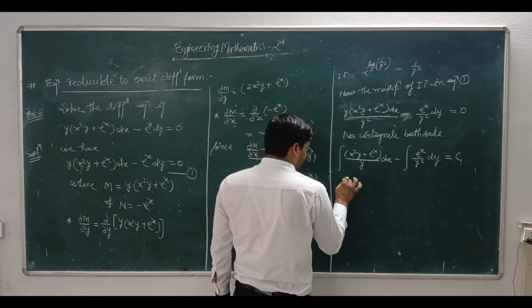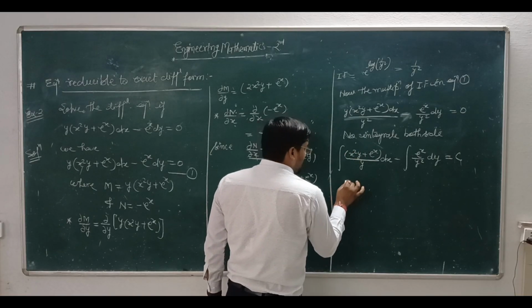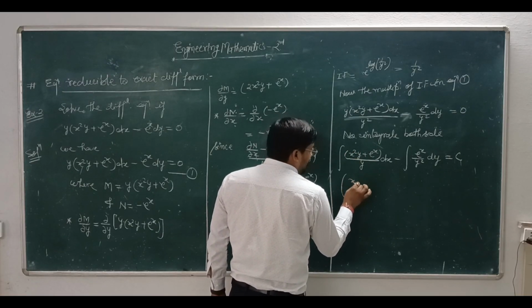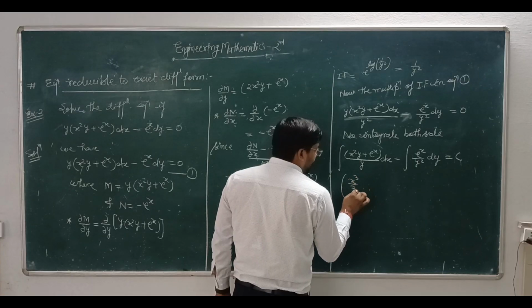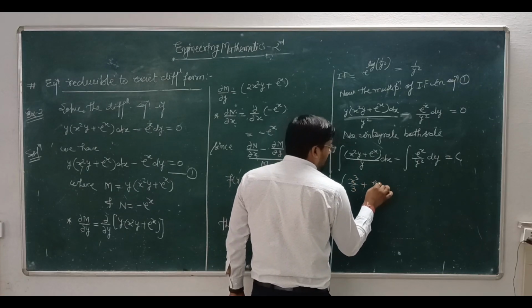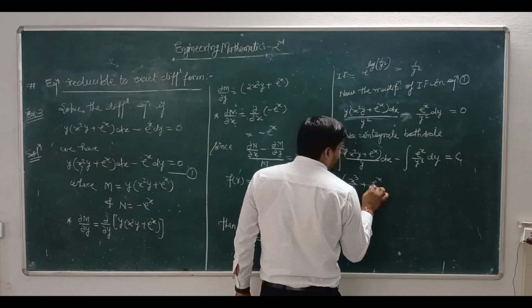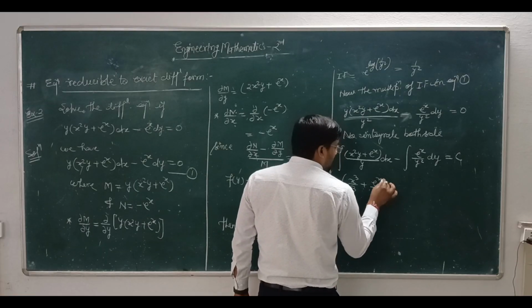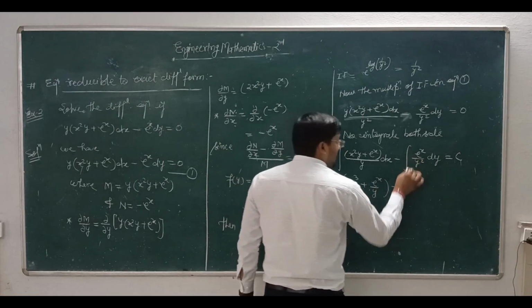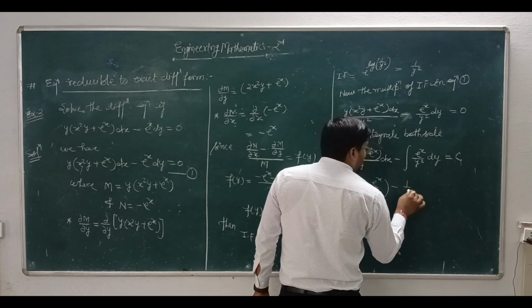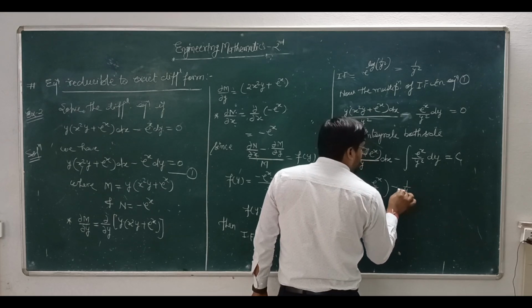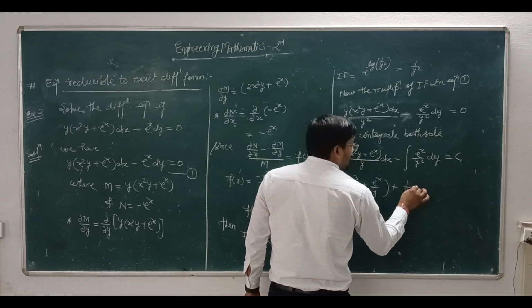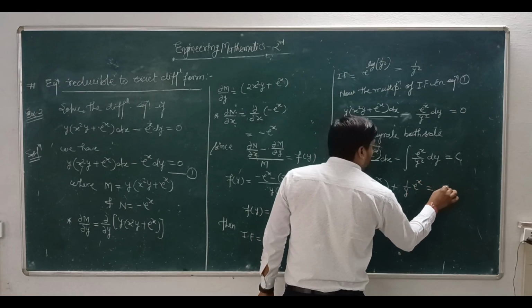Now you can write x to the power 3 upon 3 plus e to the power x upon y, minus 1 upon y, this is minus minus plus e to the power x, is equal to c.